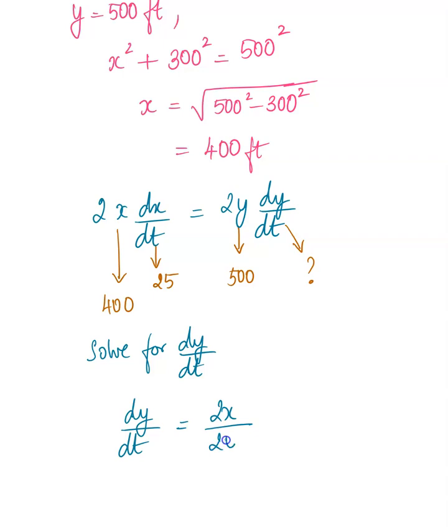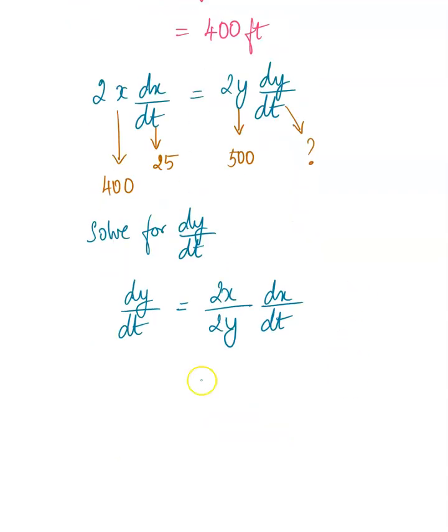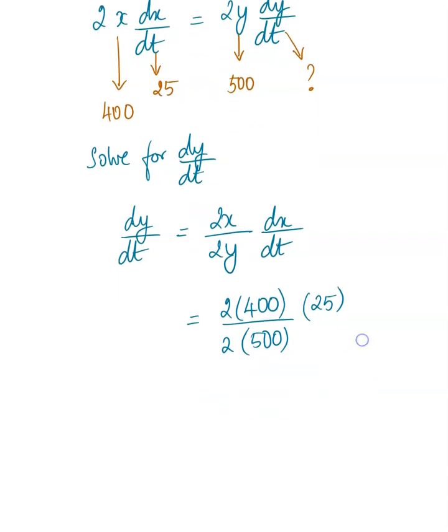dy over dt equals 2x over 2y times dx over dt. That will be 2 times 400 over 2 times 500, times 25. That comes out to be 20 after you simplify it.